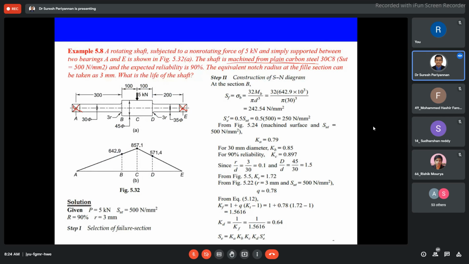We discussed in the earlier class, what is the plain carbon steel surface finish factor? Okay, anyway.